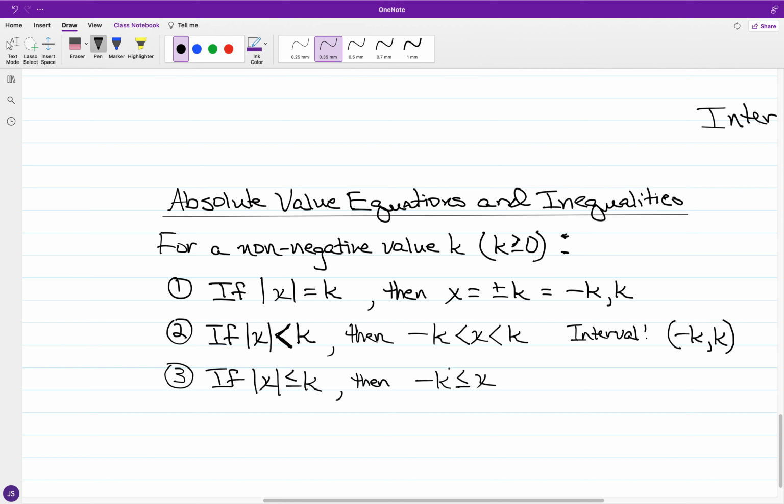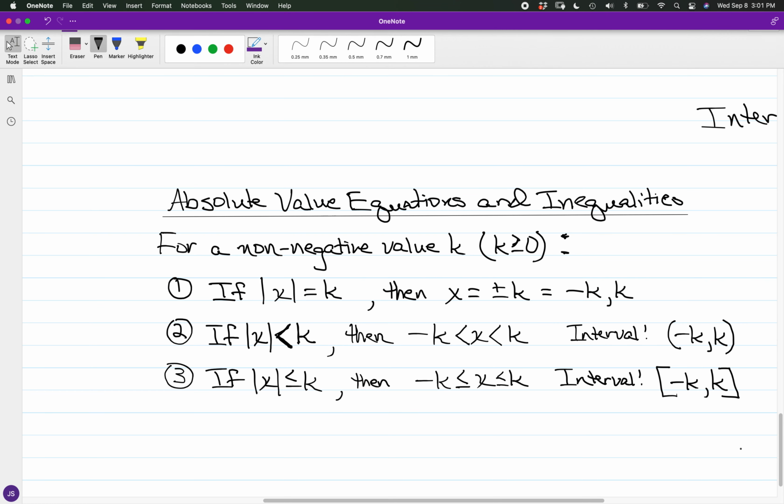The compound inequality is written such that negative k is less than or equal to x, which in turn is less than or equal to k. The interval solution in general terms will have brackets enclosing negative and positive k. So you have these inequalities going in the same direction.